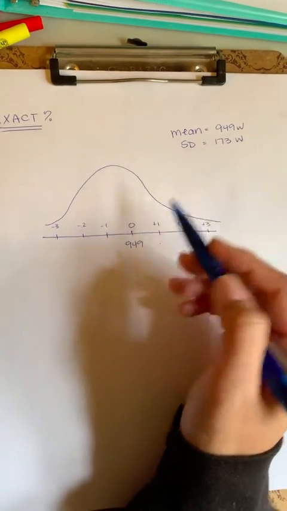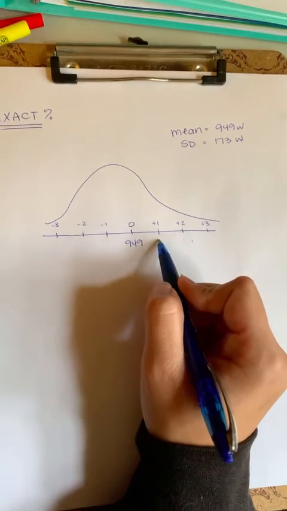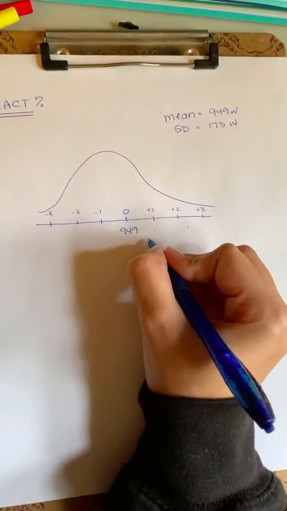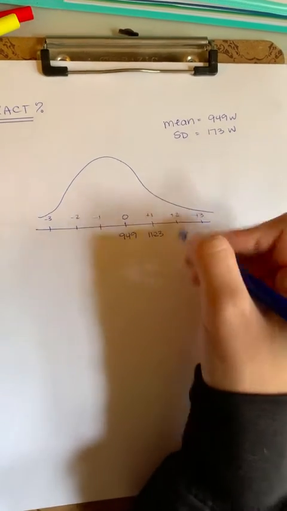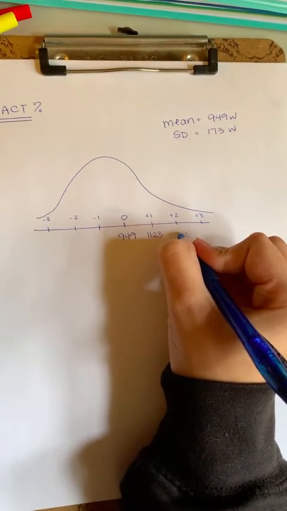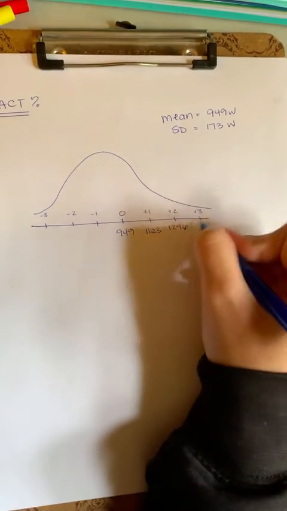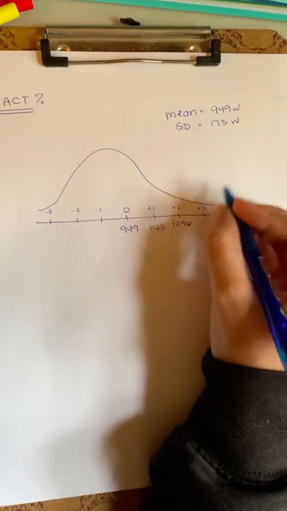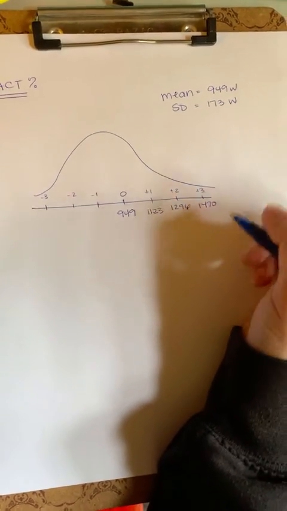So in this case, we add 173 to 949 for 1 standard deviation away. That should approximately give us 1123. We add 173 again, that should give us 1296. Add 173 again, that should give us 1470, roughly.